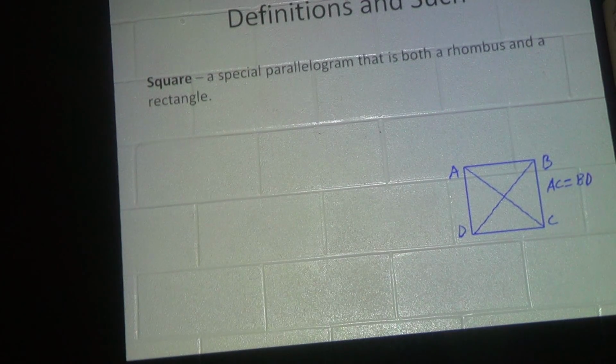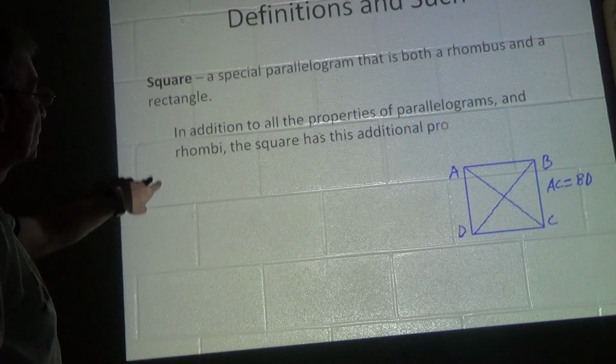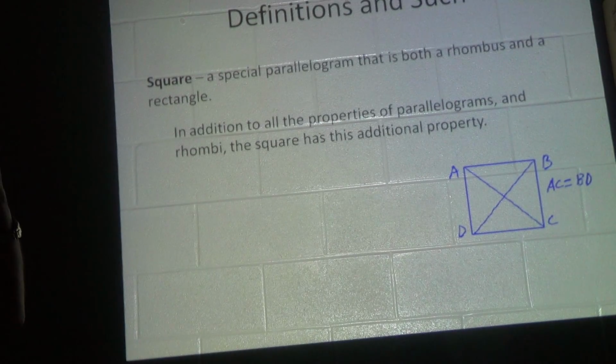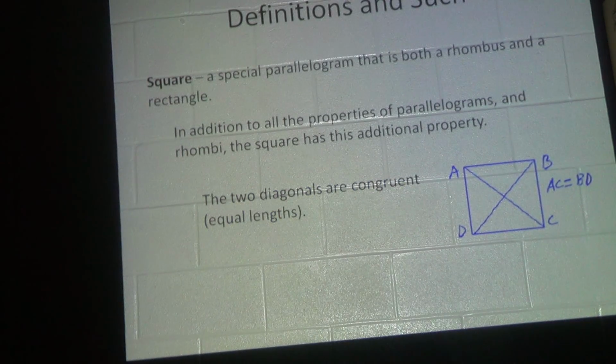That means the diagonal AC is the same as BD. In addition to all the things we talked about for a rhombus, the square has the same property as the rectangle, which says that the two diagonals are congruent, or equal length.